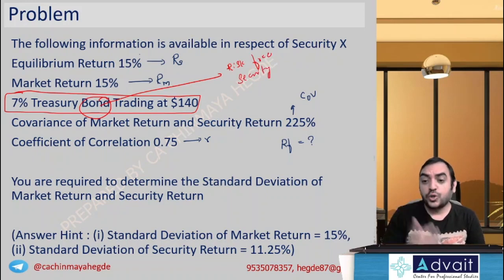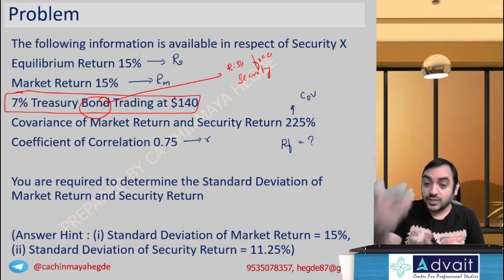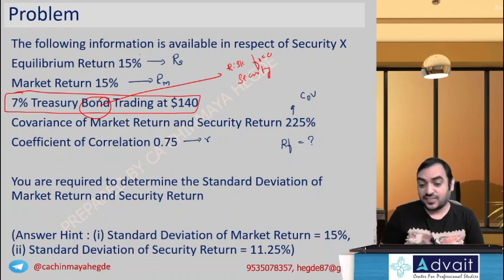But how much is going to be RF? What do you think? Do you think it is going to be 7%? It is not. 7% is coupon rate. Trading at $140. So if you think from an investor point of view, how much risk-free return is he expected to get? $140 he invests, 7% he gets.